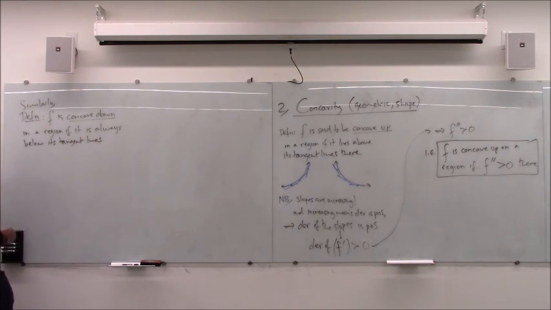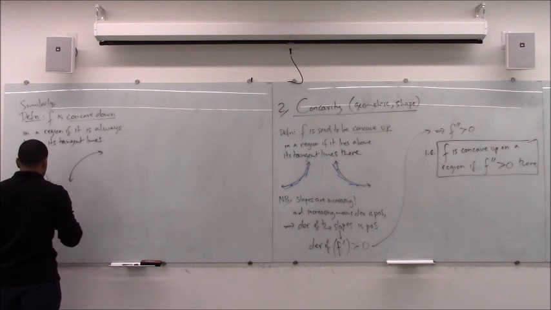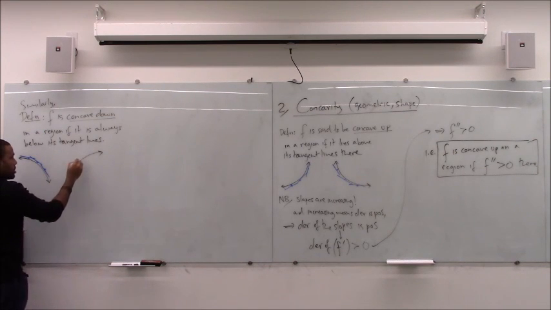What would such a function look like? Well, it would be like this, or that. Notice that at any point, if I start to draw tangent lines, the curve is going to be below the tangent line.